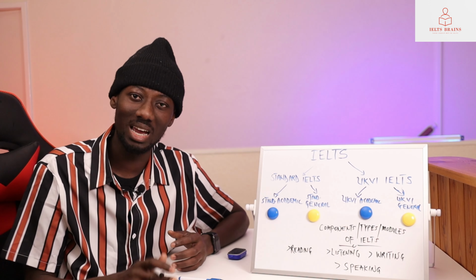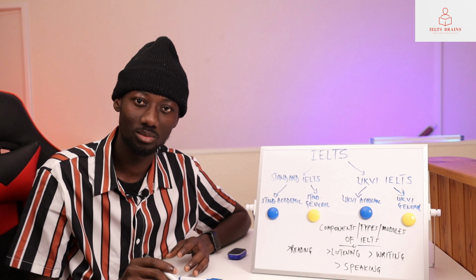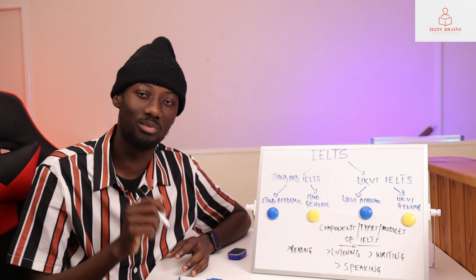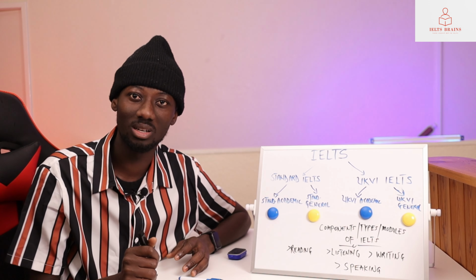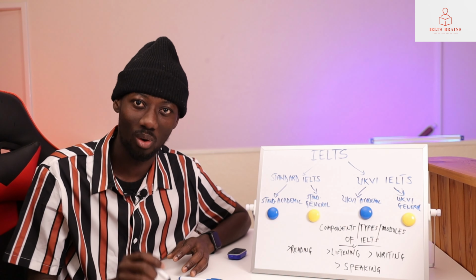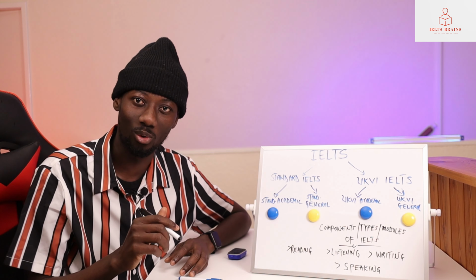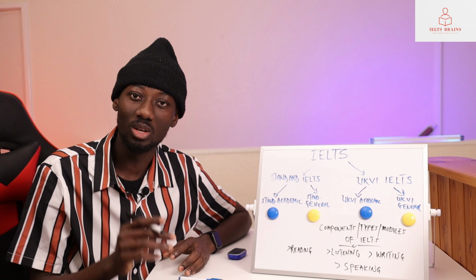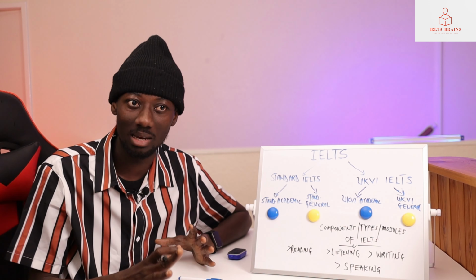Now, the underlying principle is that before you write IELTS, be very sure of what you want to use it for, and be very sure that they actually require IELTS. Also be sure they tell you the type of IELTS they want, because you can use IELTS Academic and IELTS General for the same thing.